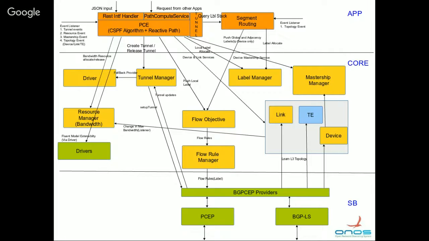Mostly focuses the work on the south and the north at the application layer, with clearly some enhancements and adjustments or evolutions of the core subsystems, that's perfectly fine, like the fallback provider for the tunnel manager and enhancements of the types of resources that can be tracked by the generic resource manager. Yeah. So I think it's good.